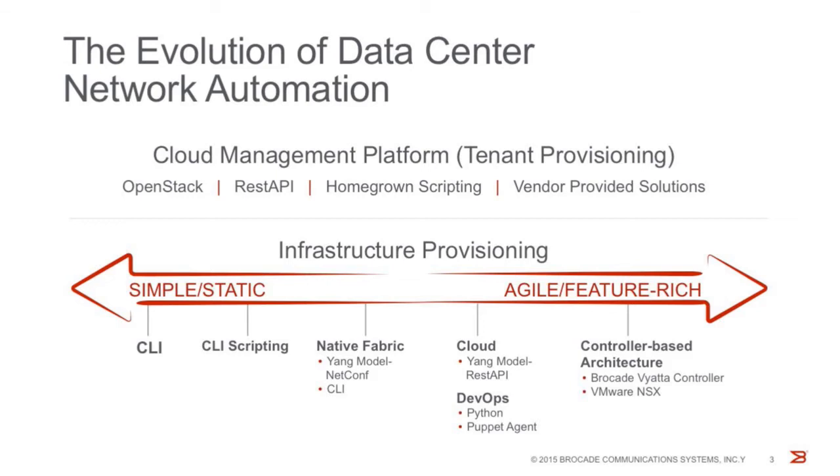And there you see instances of the Brocade Vyatta controller and VMware NSX. And somewhere in the middle, you have different capabilities, including CLI scripting, network fabrics, YANG models and NETCONF APIs. So these can be used by other DevOps engineers, and including the Neutron plugins that we've done for OpenStack.